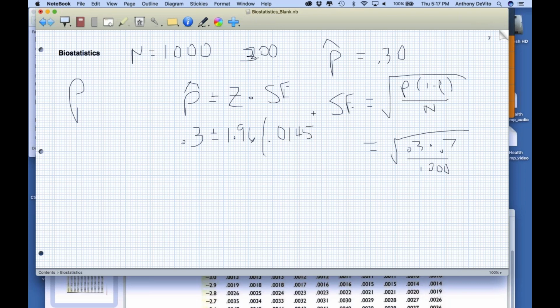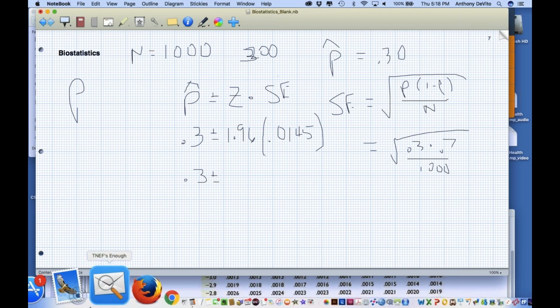That number seemed kind of weird at first because it's such a small number, but it's really almost 1.5%. We're going to wind up doubling it to about 3% and adding and subtracting it to the 0.30, the 30%. So that's where we get our range there. Okay, so I'm going to go ahead and do this, 0.3 plus or minus, and I'm going to my calculator again.